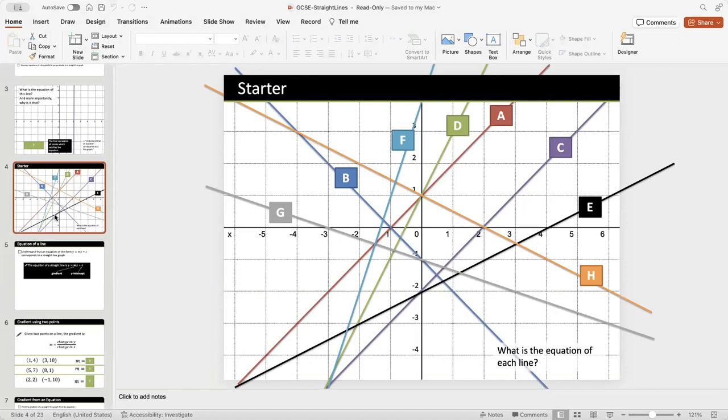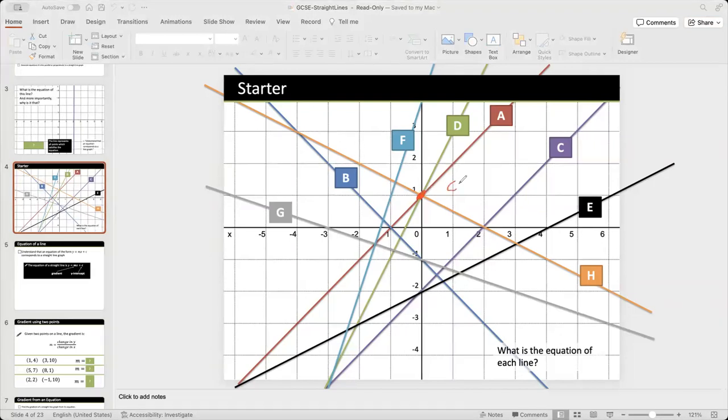If you look at this place now, that is the point where line A crosses the y-axis.